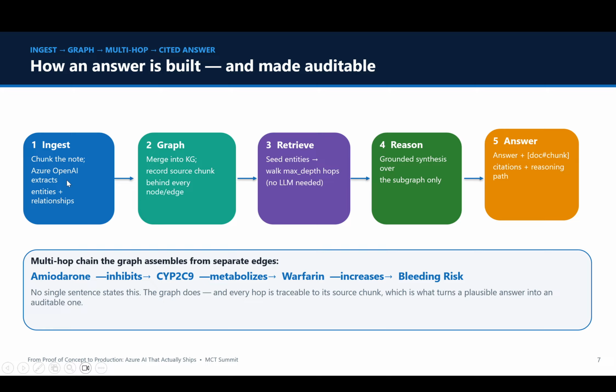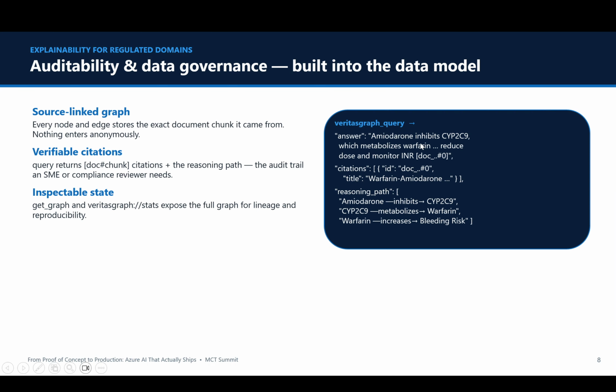When a clinician gives a prompt to this AI agent, from the knowledge graph it will retrieve the relevant entity and traverse through the nearest neighbors for max depth, and build a subgraph, and from the subgraph it will create the answer. The answer will have a citation to the source document, and it will have a reasoning path. So this answer will be auditable and explainable for business users.